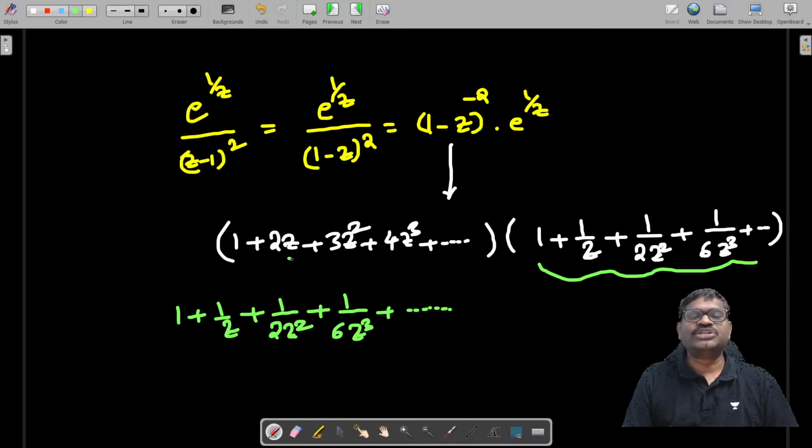Now 2z multiplied with 1 gives 2z, 2z into 1 by z gives 2, 2z into 1 by 2z square gives 1 by z, 2z into 1 by 6z cube gives 1 by 3z square. Okay?